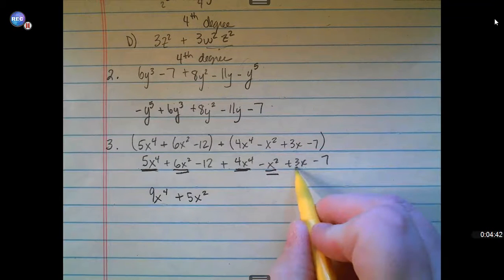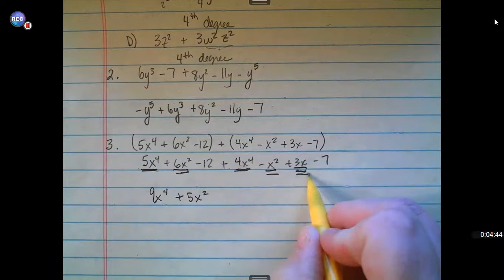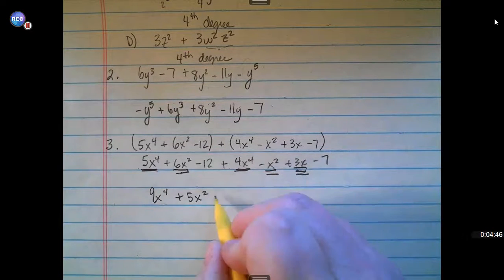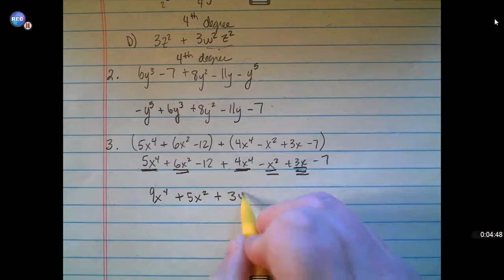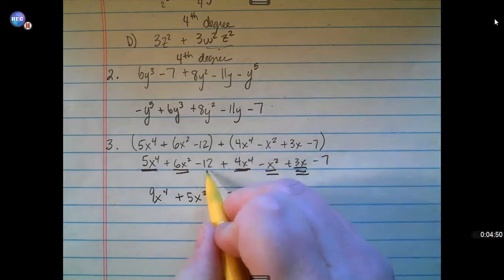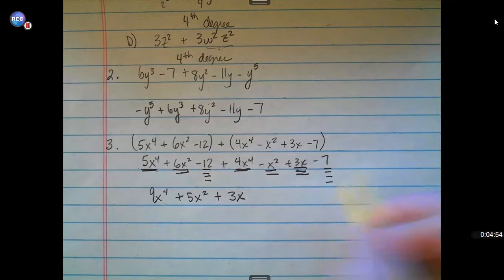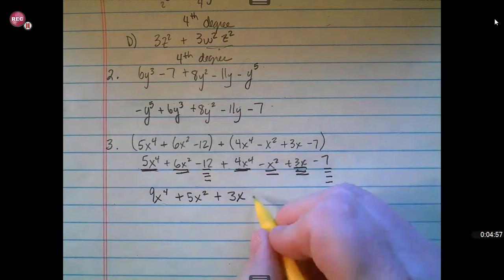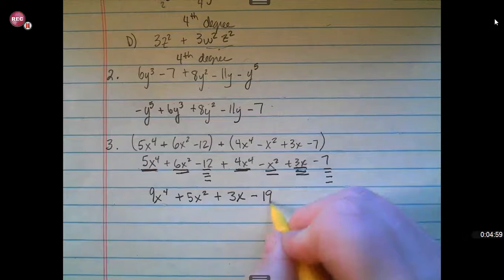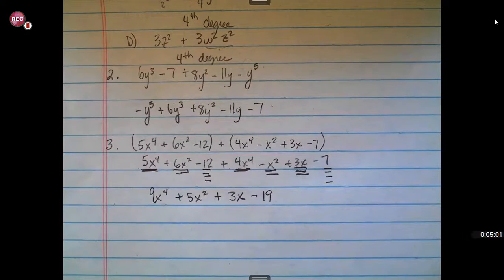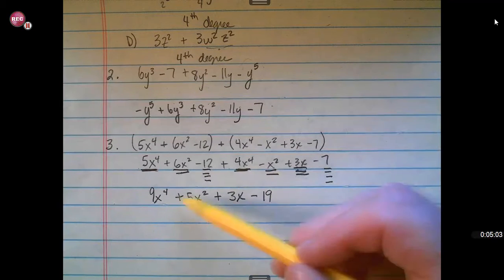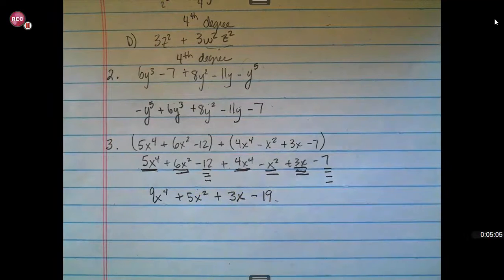This 3x, because I'm supposed to write my answer in standard form, doesn't have anything to go with, but to put it in standard form, it would go next. And then it looks like I have negative 12 minus 7. And negative 12 minus 7 is minus 19. And that's my answer in standard form. 4, 2, 1, 0. Make sure.